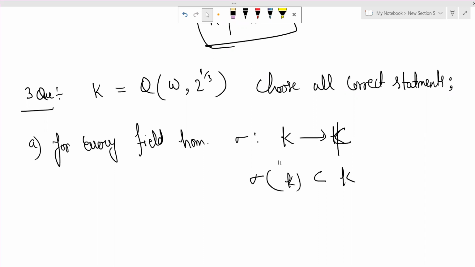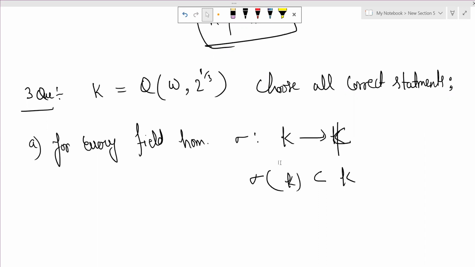Omega can go to its inverse. What is its inverse? Omega is in a multiplicative group, not an additive group, right? This is the third root of unity. So omega's inverse is omega squared. So omega can go only to either omega or omega square. So where can 2 to the power 1 by 3 go?